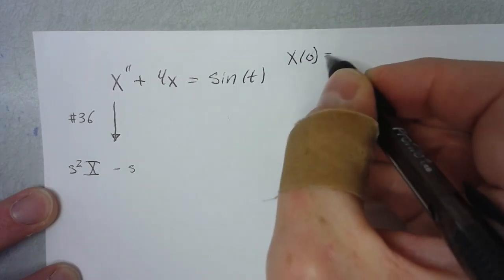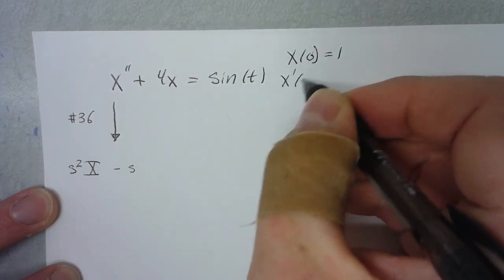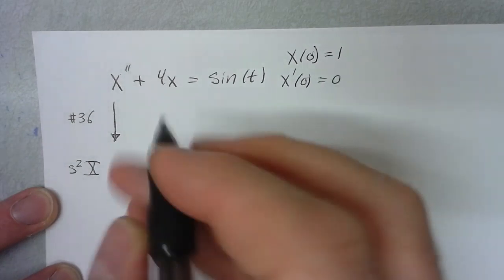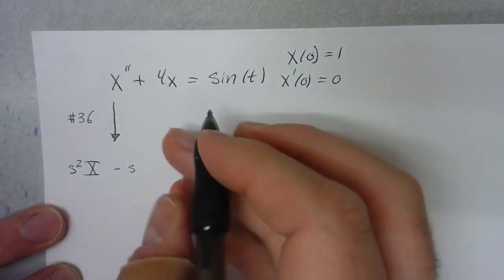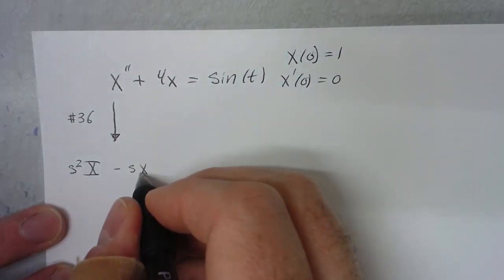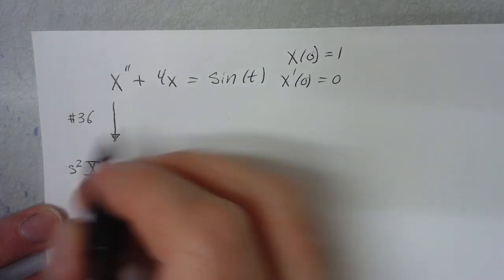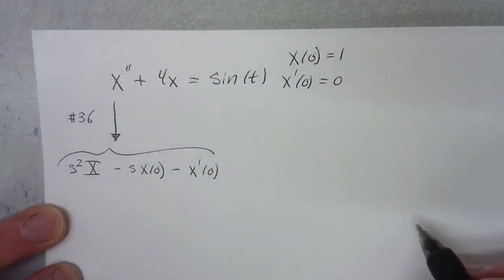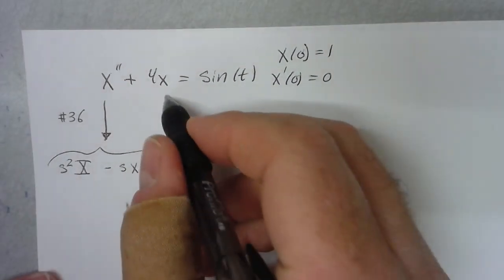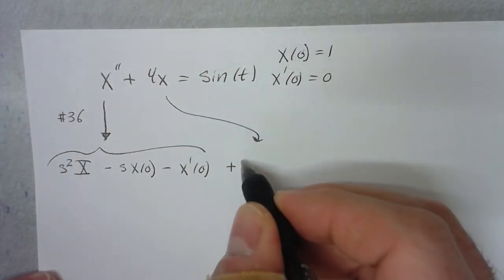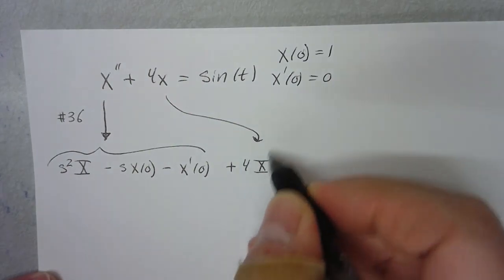Let's stretch the spring by 1 with no initial velocity. So I'll have x of 0 minus x prime of 0. I get that from number 36. And then this is just plus 4 capital X.